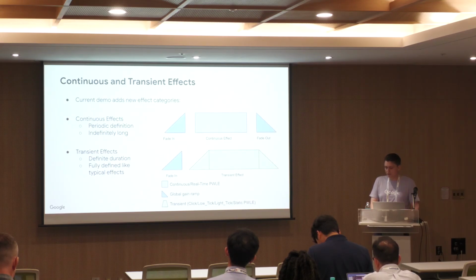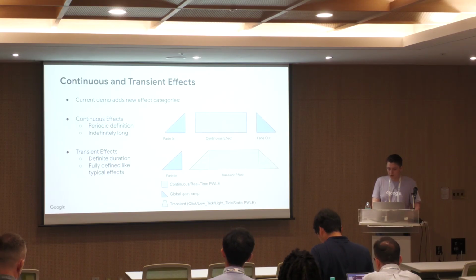The continuous effects are defined periodically, so the effect definition is essentially one period of the effect. This includes standard PWE effects, which are just a sinusoid waveform, and also more complex repeating envelopes. So it doesn't just have to be a flat waveform as the base effect; you can define something more complex.